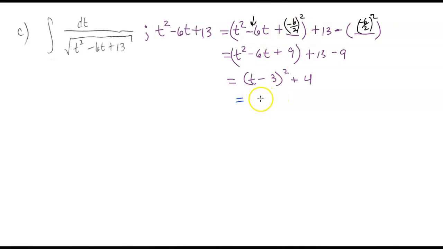But this will mimic the x squared plus a squared situation here. And so here we can let x be t minus 3, and we can let a be 2. So here x would be t minus 3, a would be 2.